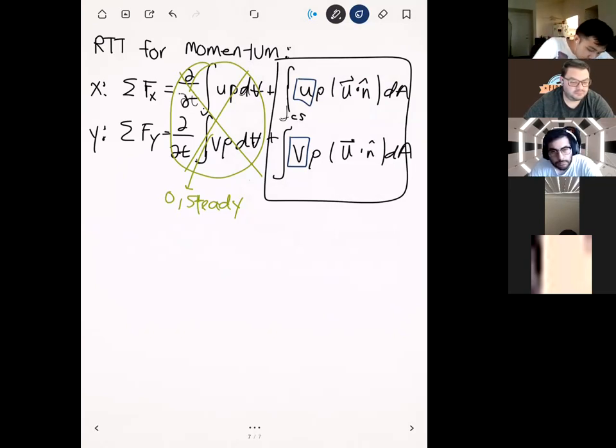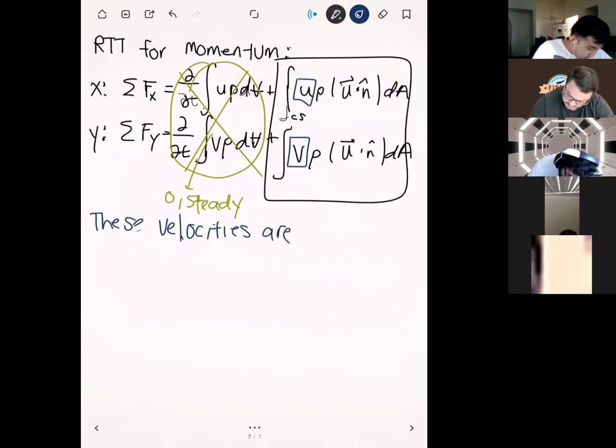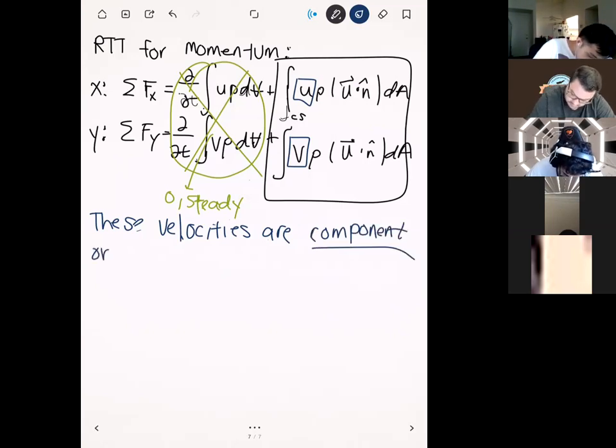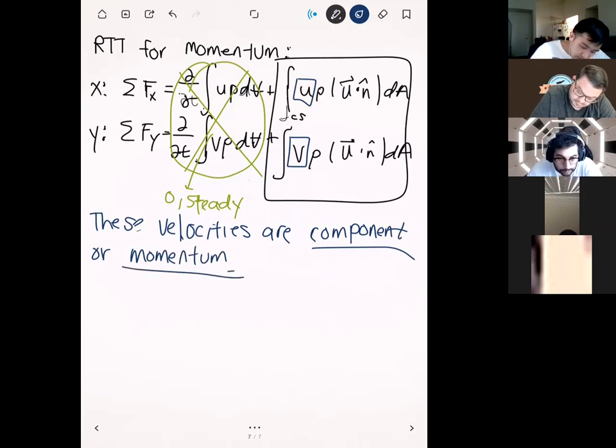So these velocities in blue, I give them the name component velocities, or momentum velocities.